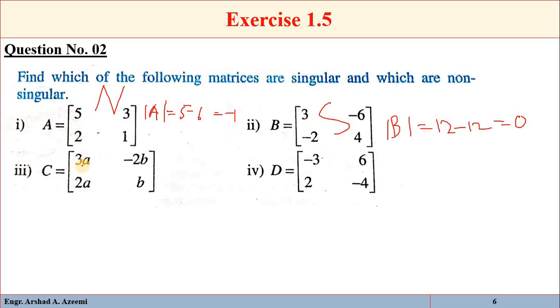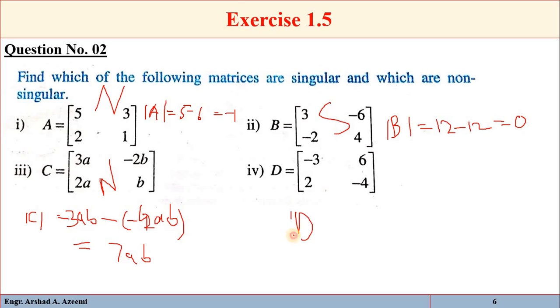Okay, similarly 3A multiplied by B, that is the determinant of matrix C: 3AB minus 2B multiplied by 2A, so it will be minus 4AB. Minus minus will be plus, so 3AB plus 4AB will be 7AB. Meaning the determinant is not 0, so it is a non-singular matrix.